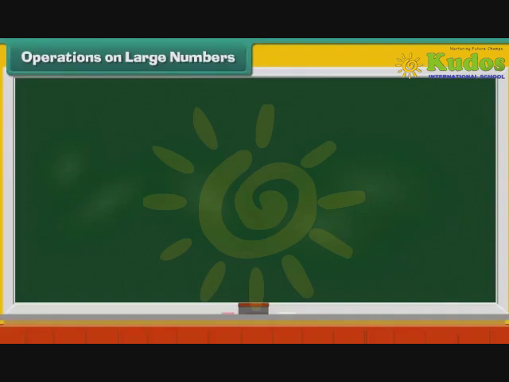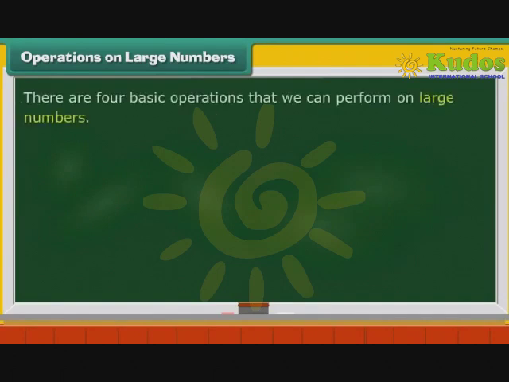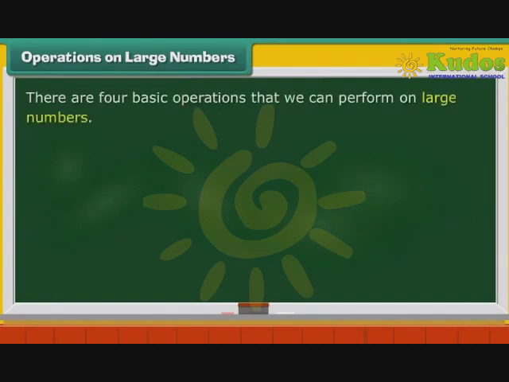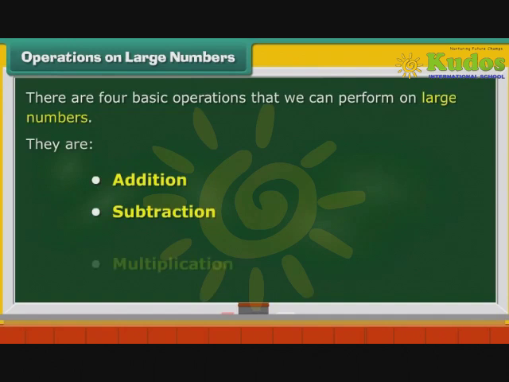Operations on large numbers. There are 4 basic operations that we can perform on large numbers. They are addition, subtraction, multiplication, division. Let us look at them one by one in detail. Addition.